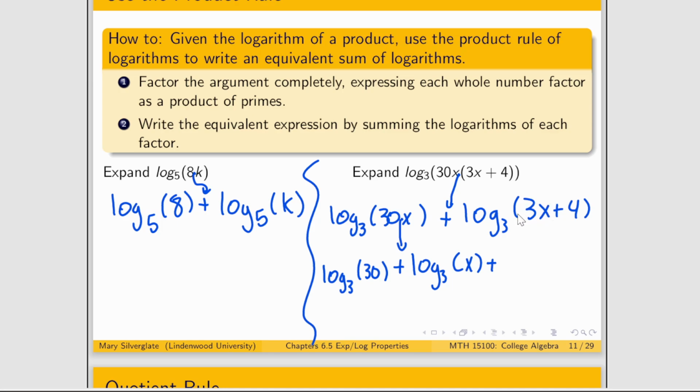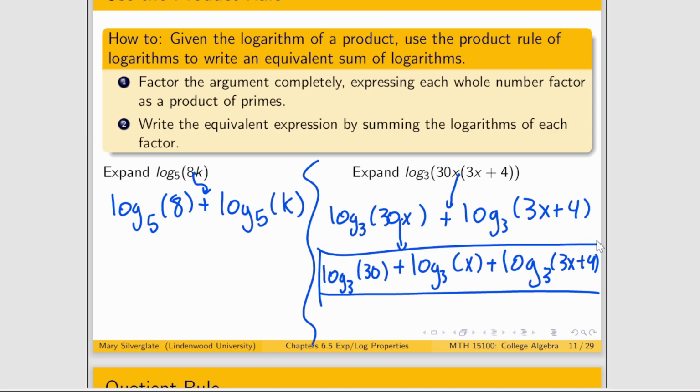And if that 3x was by itself, you could, but because that 4 is being added to the 3x, you cannot, because order of operations wise, you have to evaluate this entire thing before you start doing the logs, so there's actually nothing else I can do with that last term. I just rewrite it, and that is all I can do to break up that log using the product rule.